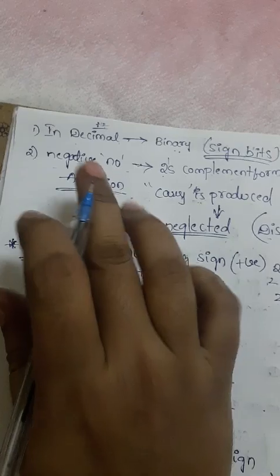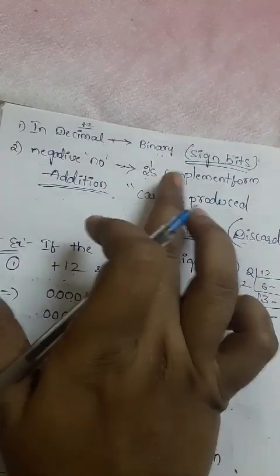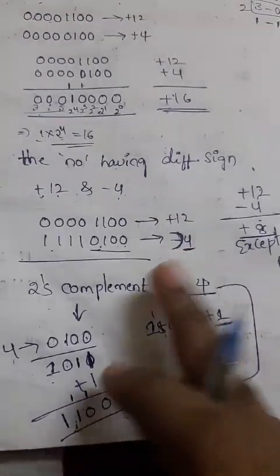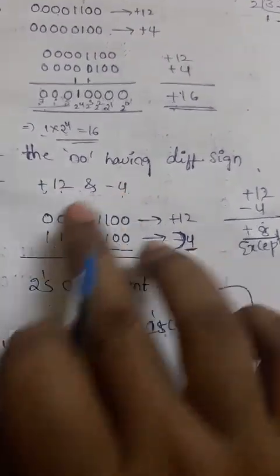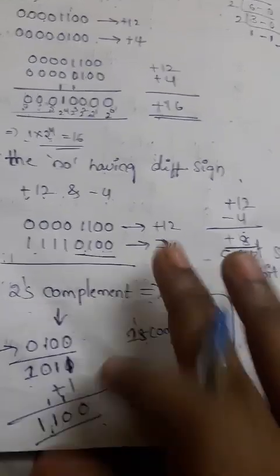Any negative number in the addition process must be converted into 2's complement form. If both numbers are negative, both will be converted into 2's complement.